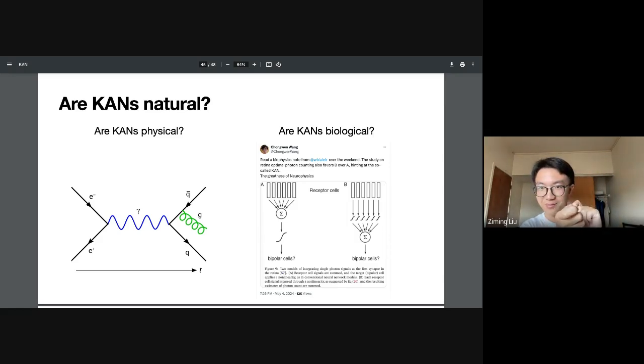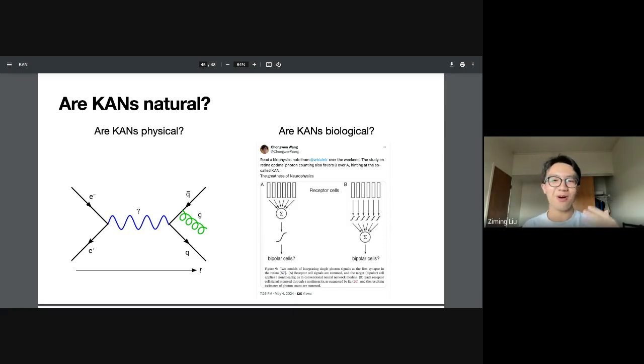That's aligned with MLPs. And the second question people are asking is, are KANs biological? Because the biggest supporters of MLPs will say that MLPs are inspired by neurons in the brain, but actually they're still different.